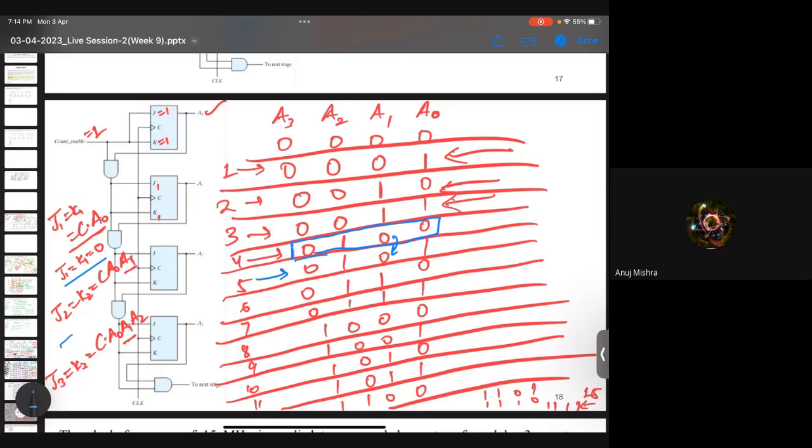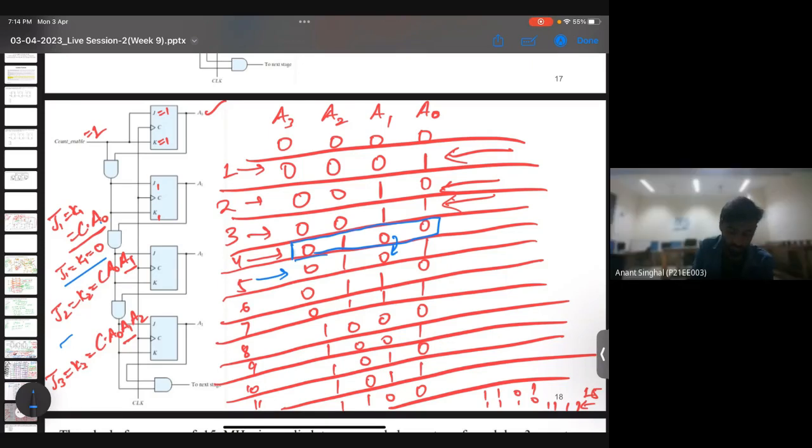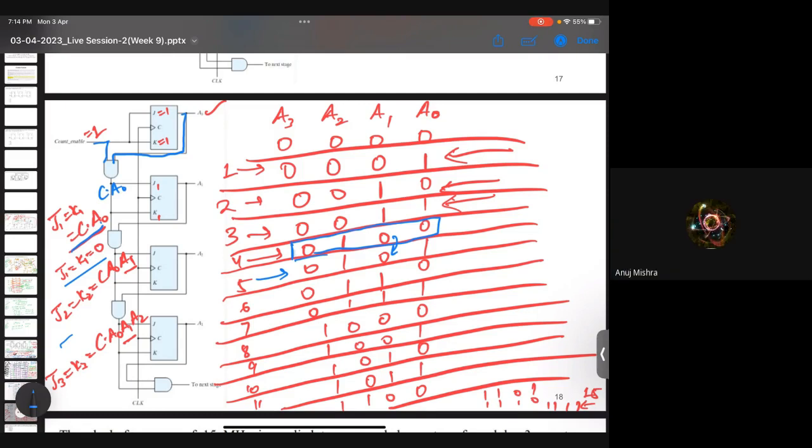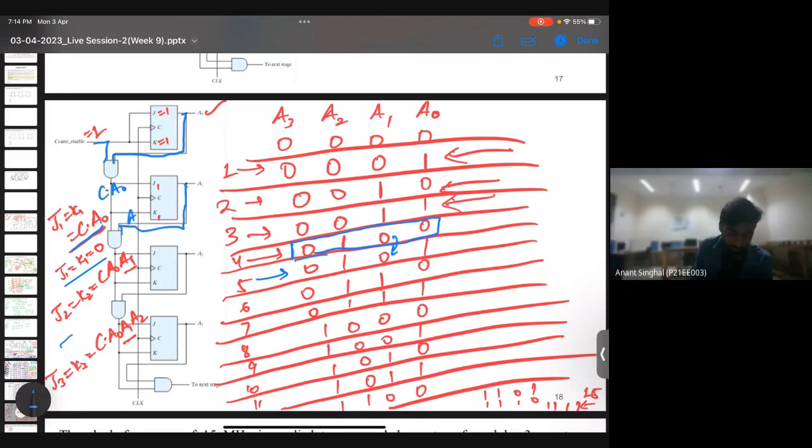Yes. So in the starting, when we are making the formula J1 is equal to K1 is equal to 0, from the circuit only we have made this formula, right? Or is it the fundamental formula? No, we have made it from the circuit. So you can see here it is from A0 only, and here it is C. So J1 and K1 both are connected to this C into A0, and this is now connected to this A1.